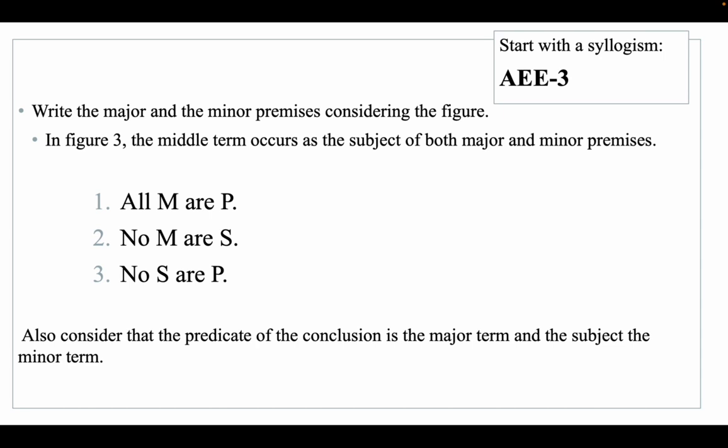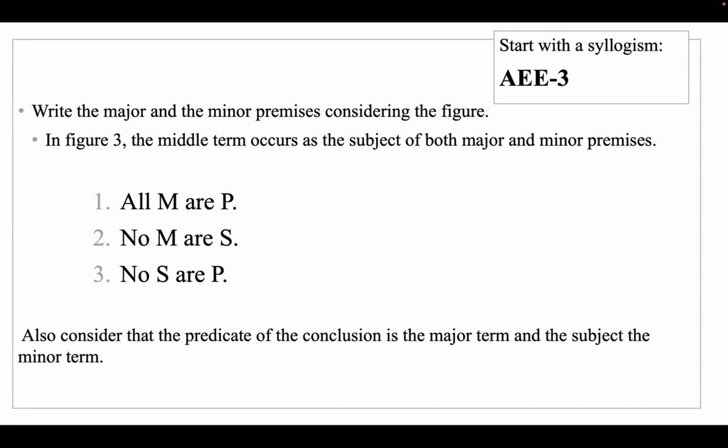Now, figure 3, if you recall from my previous video, means that the middle term is going to occur as the subject of the major premise and also the subject of the minor premise. So it's going to look like this: All M are P, no M are S, and the conclusion, no S are P.